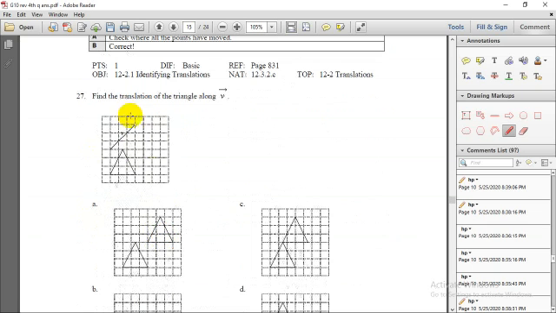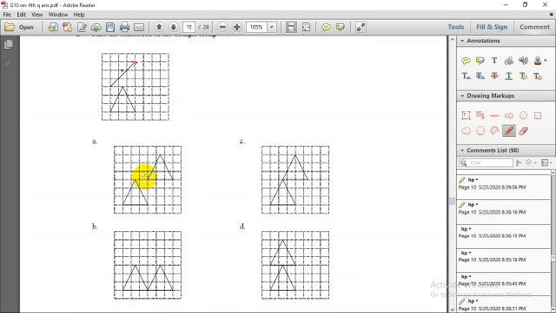Okay, let's see here. Find the translation of a triangle across V. Look here. This is the direction of the vector. Of course, it's not in the same direction, so B is not the answer. Look, D. It's not in the direction of the vector, so it's not. Look at A and C. You're going to tell me, yes, miss, it's moved in this direction, and here it's moved. Yes, of course it's moved. But look here, this vector has magnitude.